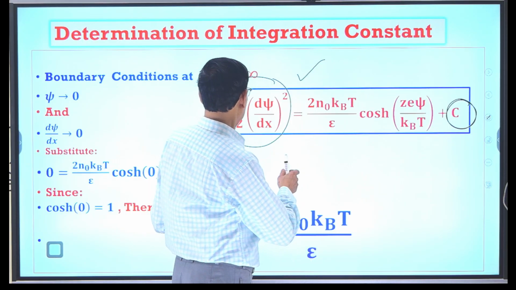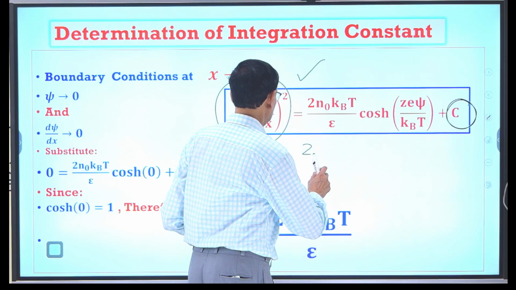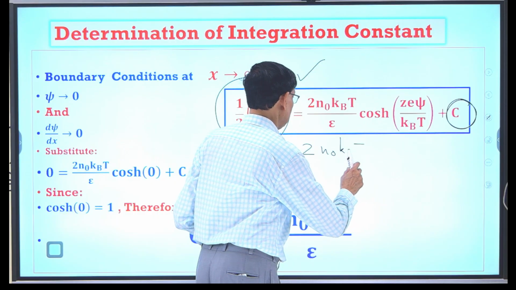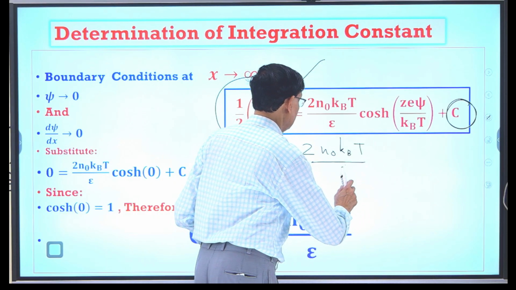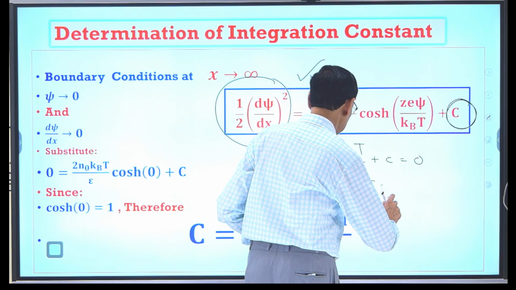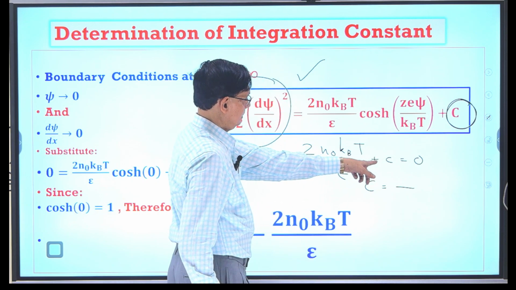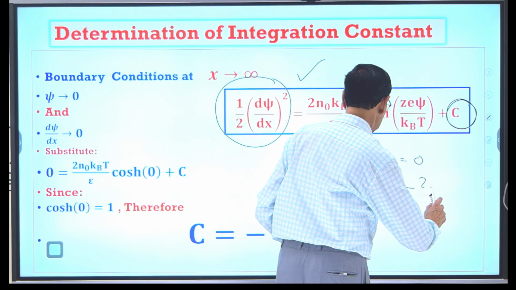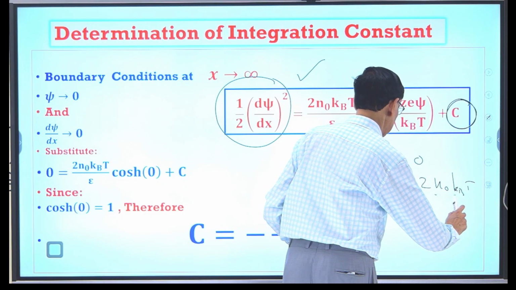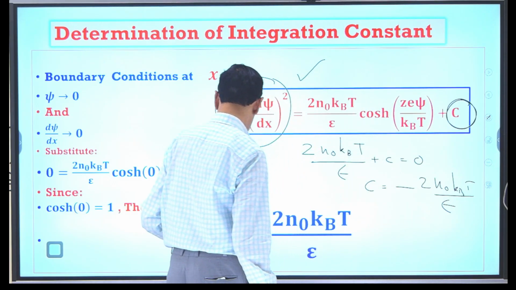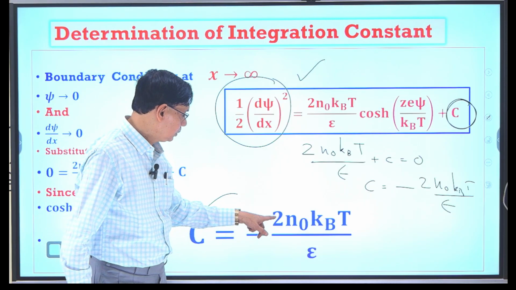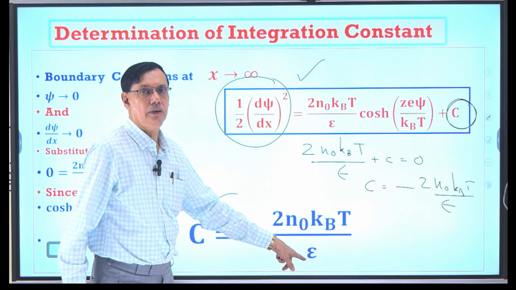So what we will get? I will get only 2 n0 kbt epsilon plus c is equal to 0. So c is equal to minus 2 n0 kbt epsilon.